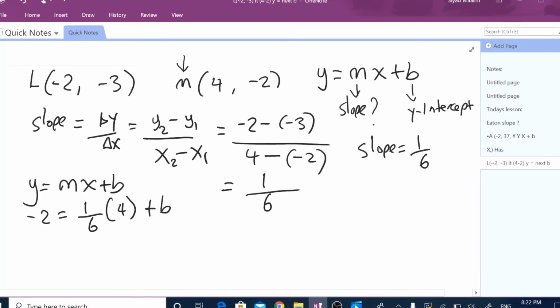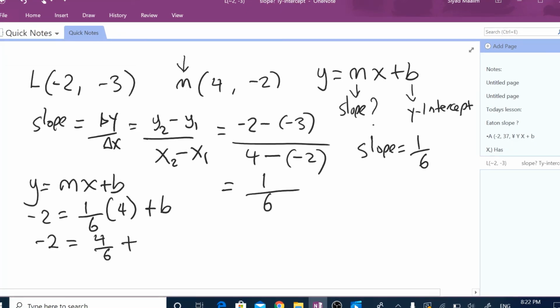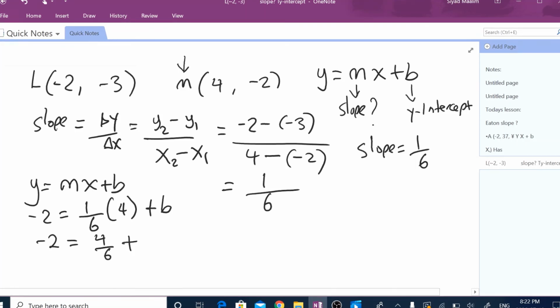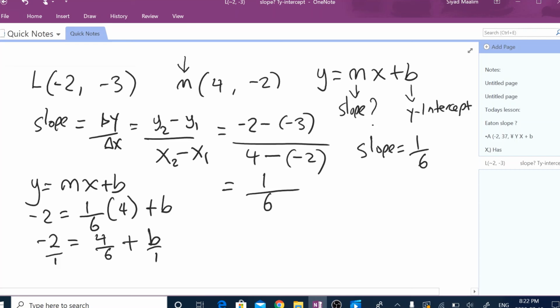So this will give me minus 2 is equal to 4/6 plus b. In order to make this easy, we can multiply all of this by 6.